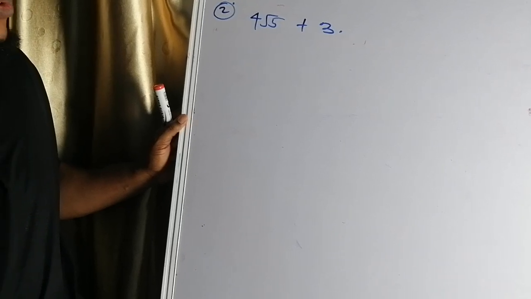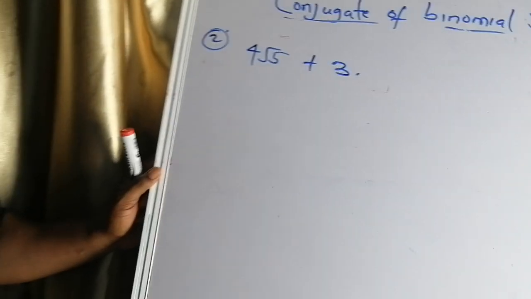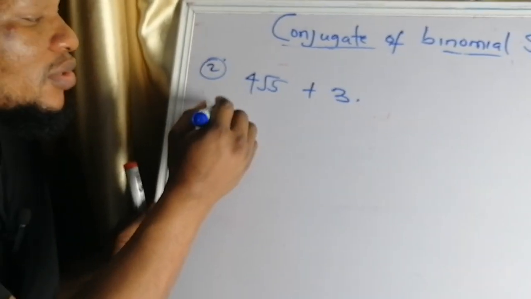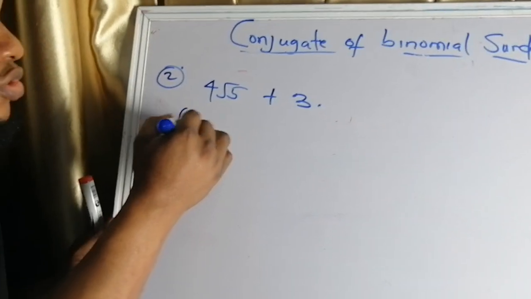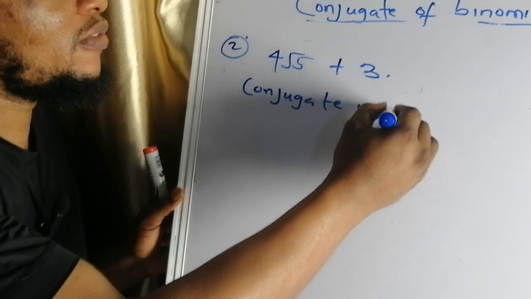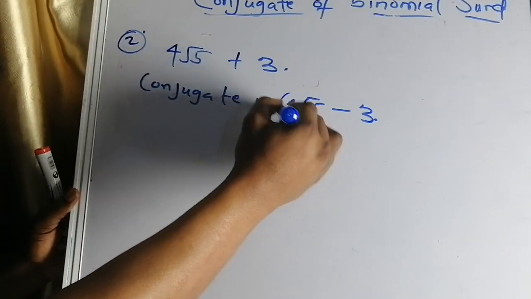You understand? They say 4 root 5 plus 3. Maybe they say you should simplify or perhaps solve this particular surd. All you just need to do, what is the conjugate? The conjugate is 4 root 5 minus 3.